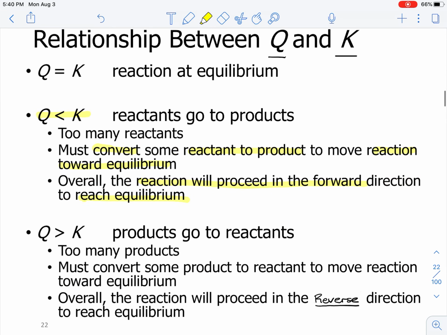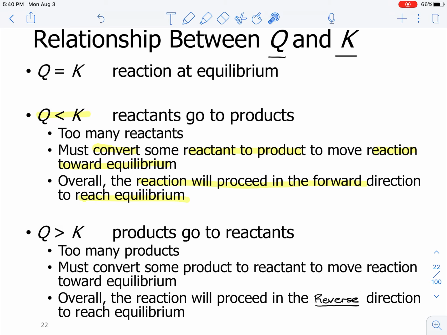Now let's look at the second scenario. When the reaction quotient is much greater than the equilibrium constant, it's telling us that the reaction vessel currently has way too many products. And so for the reaction system to achieve a state of equilibrium, products must be converted into reactant.